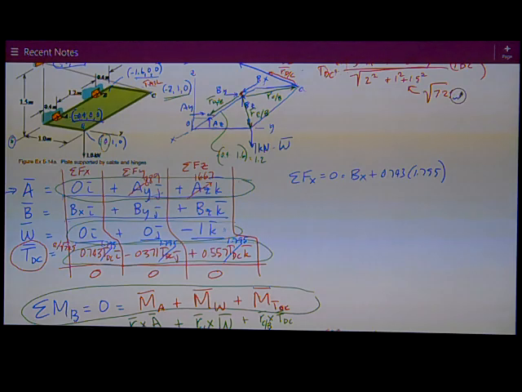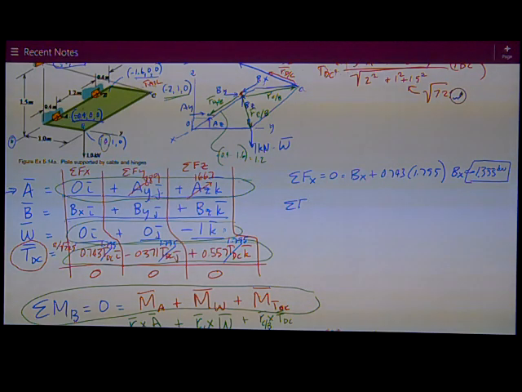Therefore, Bx, rearranging, works out to be negative 1.333 kilonewtons. That's a good answer. And a negative sign is a good answer in Cartesian, in 3D, because it just means in the negative x direction.